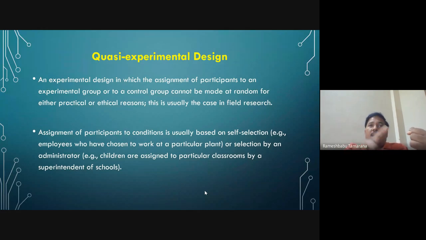Randomization would be there. The manipulation of the independent variable is there, right? The time order is there, because you need to manipulate the breakfast content first and then observe the marks, not that you first give the test and then give the high protein breakfast, right? The time order should be there. But what is the difference between experimental design and quasi experimental design? All things are there except this randomization.